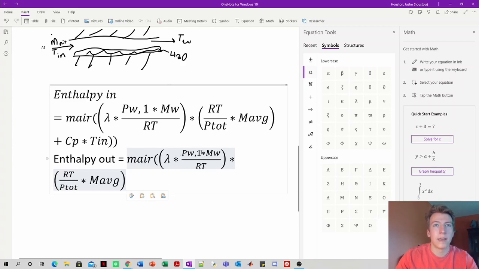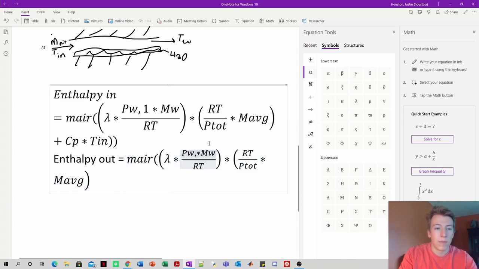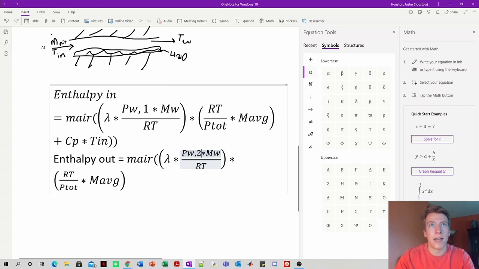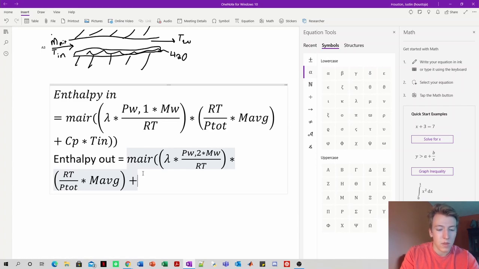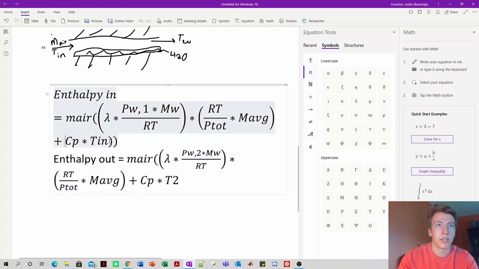So it's going to be the same thing, except right here you'll have the heat of vaporization, partial pressure of water at location 2, which is the outward location, molecular weight of water, same thing here, but the only thing different is that when we add that heat capacity, it's going to be times T2, or T outwards. I'll just change the T to T1 so it's more consistent here.